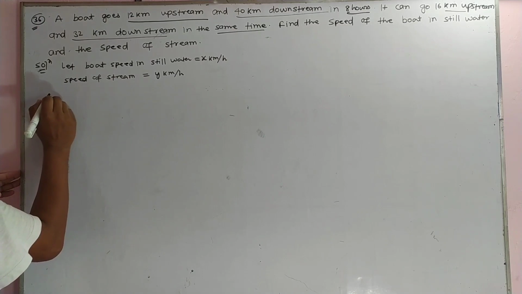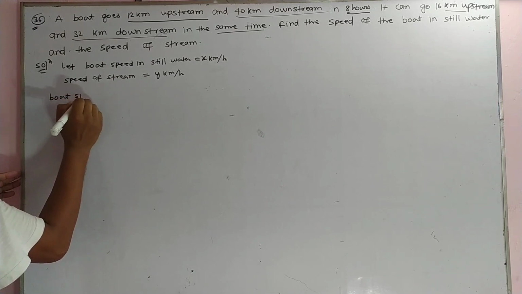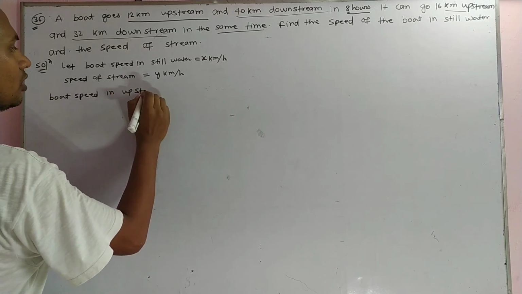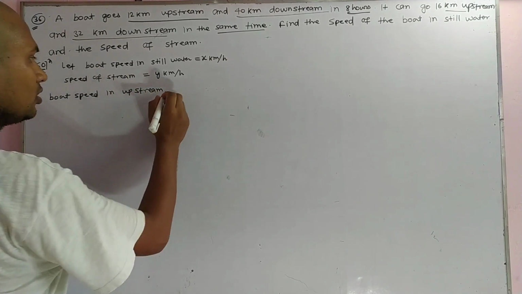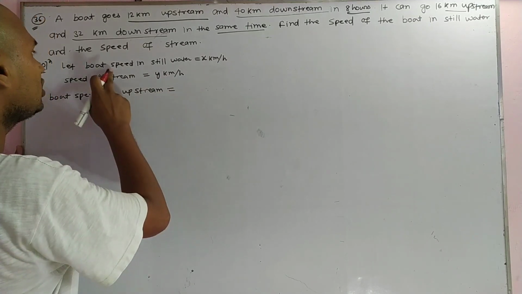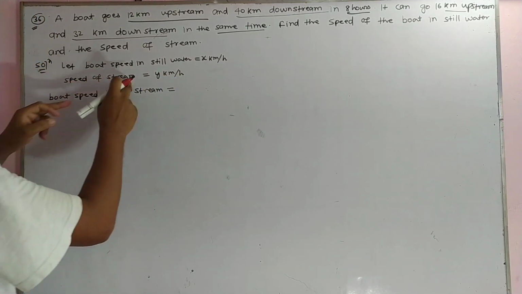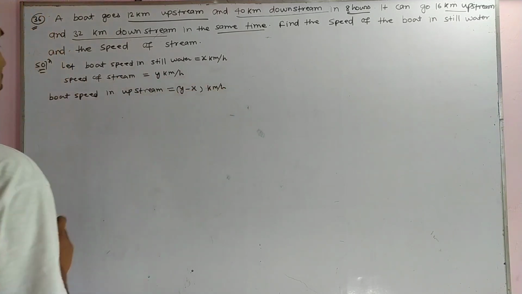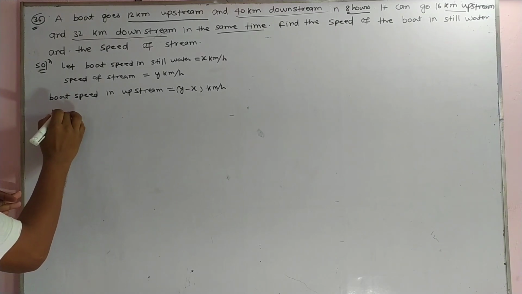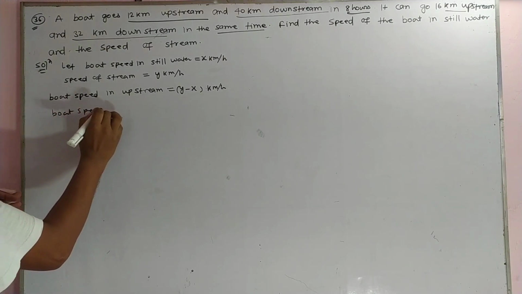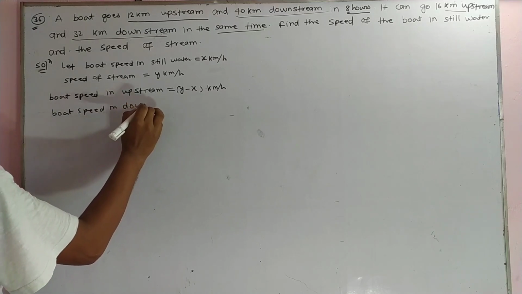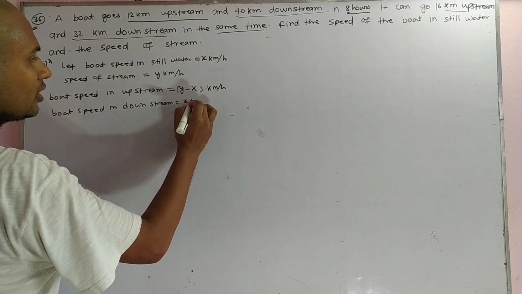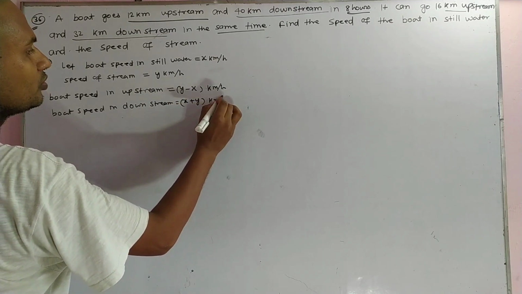So the boat speed in upstream becomes the speed of the boat in still water and the speed of the stream, that is y minus x kilometer per hour, and the boat speed in downstream becomes x plus y kilometer per hour.